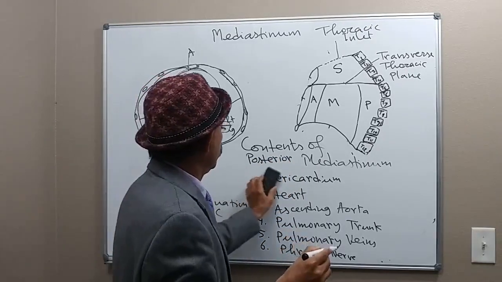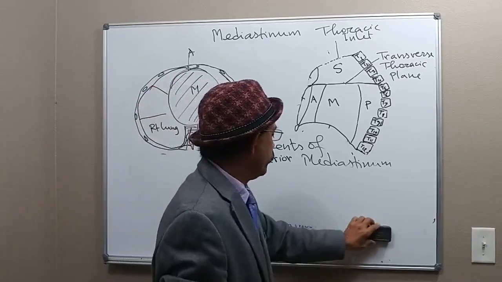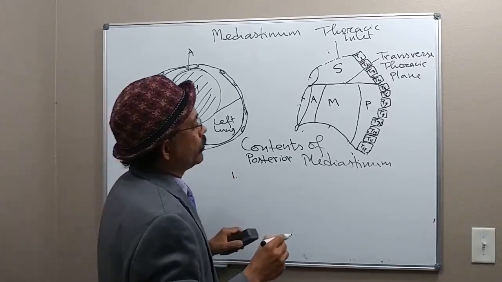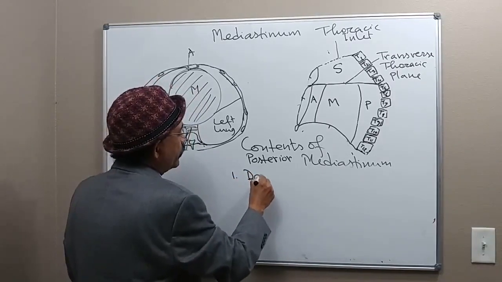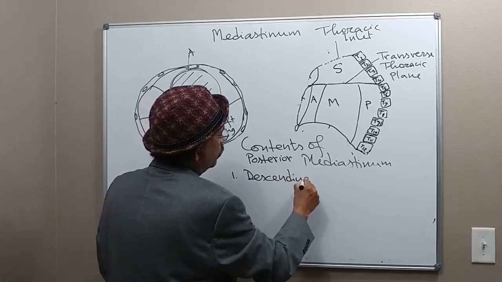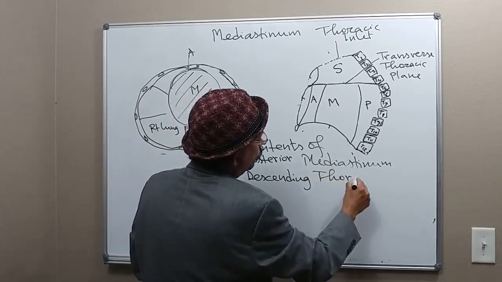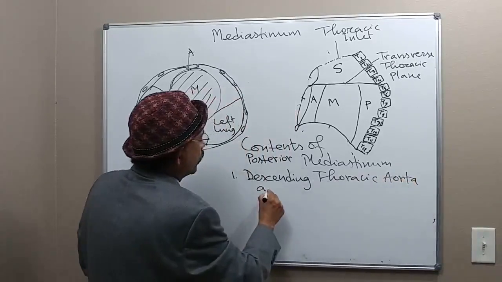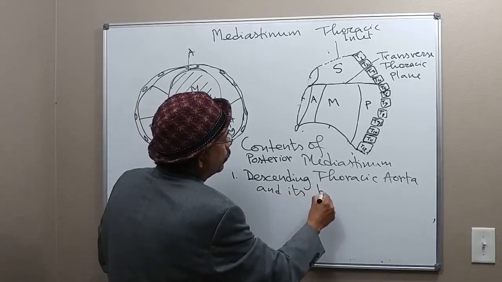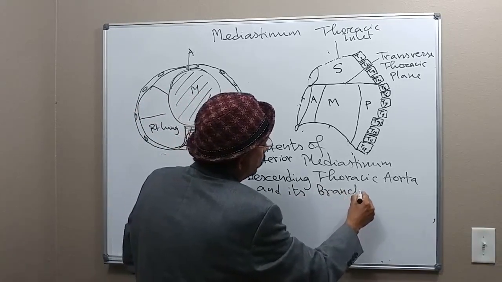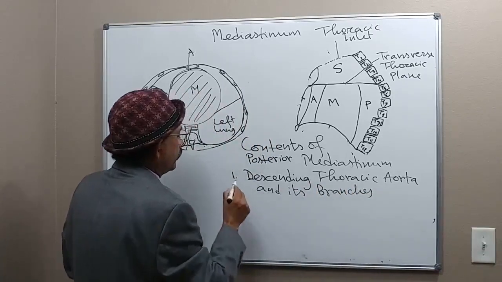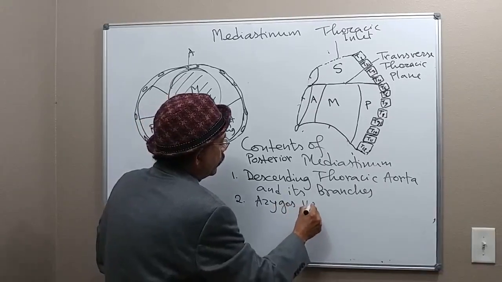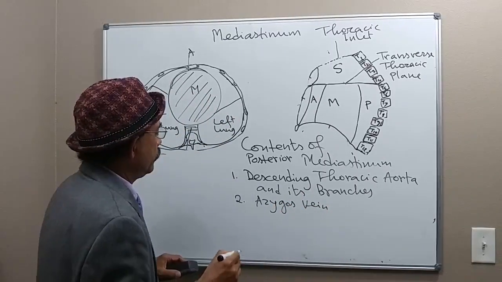The posterior mediastinum content will be different. Number one, the major contents posteriorly: the descending thoracic aorta and its branches. We have the azygos vein.